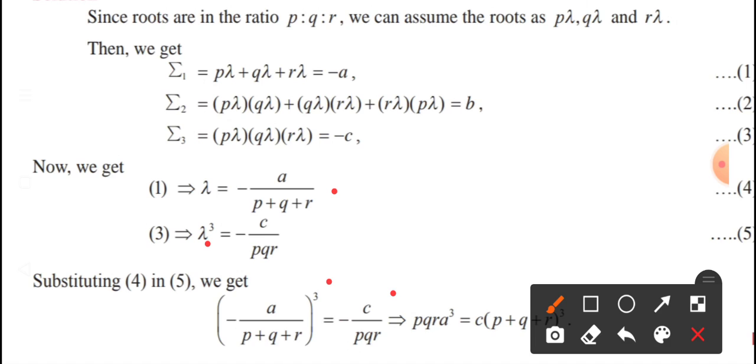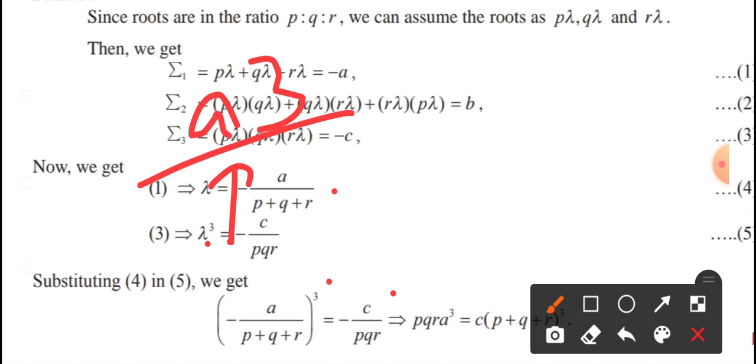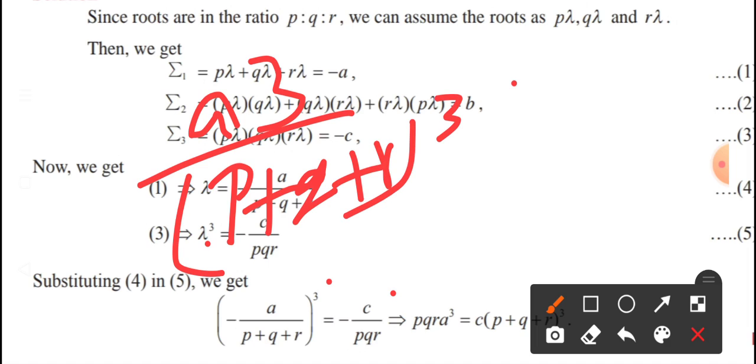Now multiplying this term in three terms, what is the answer? Here a cube by p plus q plus r whole cube is equal to minus c by pqr.